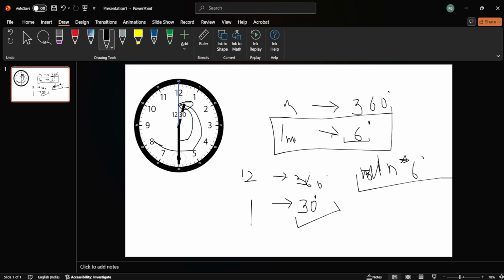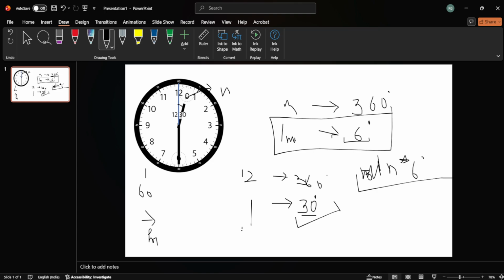The hour hand also moves if minutes are given. So how much will the hour hand move in a minute? Let's suppose in 1 hour it moves 30 degrees.